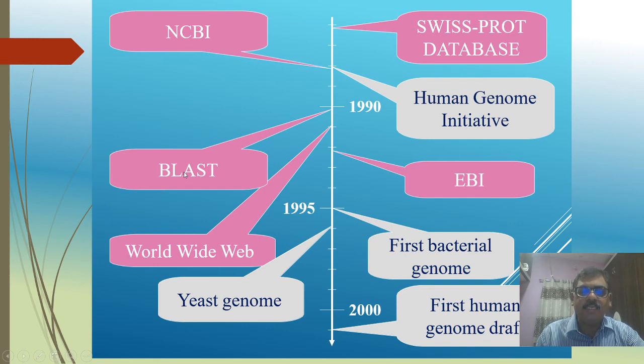In 1990, BLAST was the algorithm tool for database searching. Then the EBI and the World Wide Web were developed. In 1995, the first bacterial genome was sequenced, then the yeast genome was identified. After 2000, the first human genome draft was made, and the Human Genome Project was undertaken.